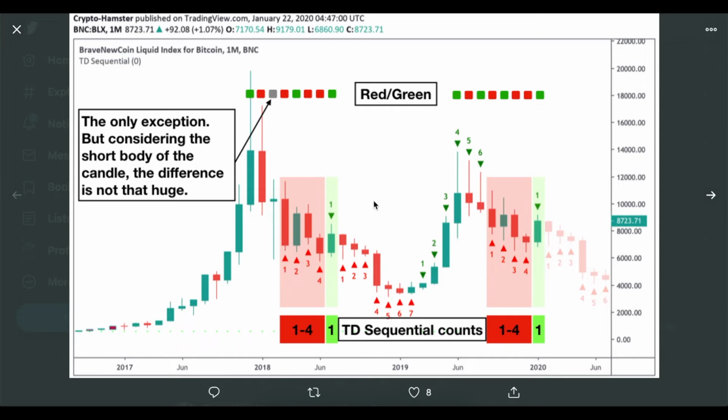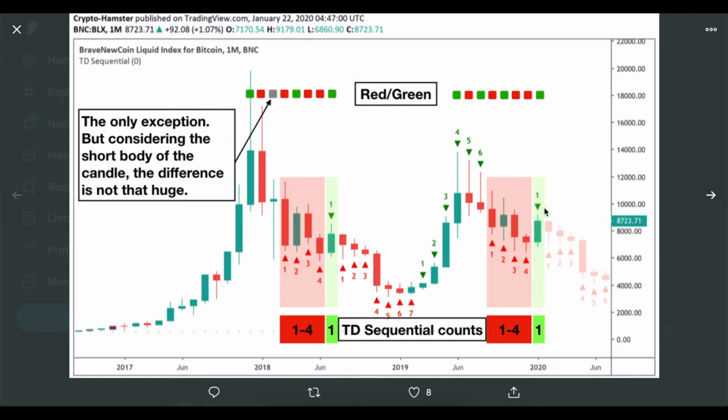What we can see here is, first of all, we have this 1 to 4 count of the TD Sequential indicator, right? And although it has the green candle, still it counts 1, 2, 3, 4. The same thing happened here, 1, 2, 3, 4 in 2018. After that, it was followed by the green 1.